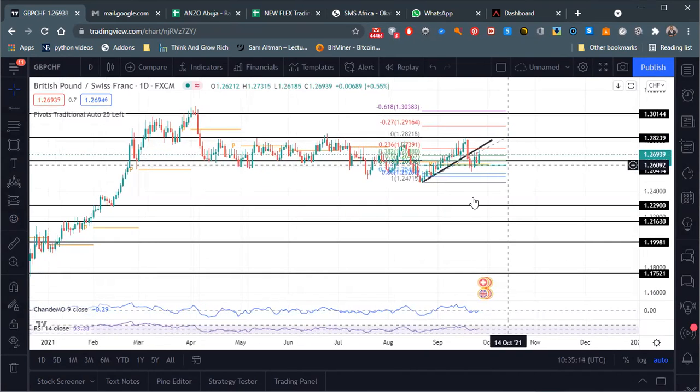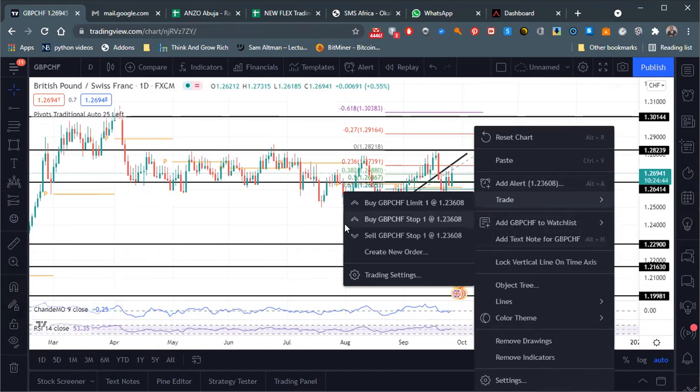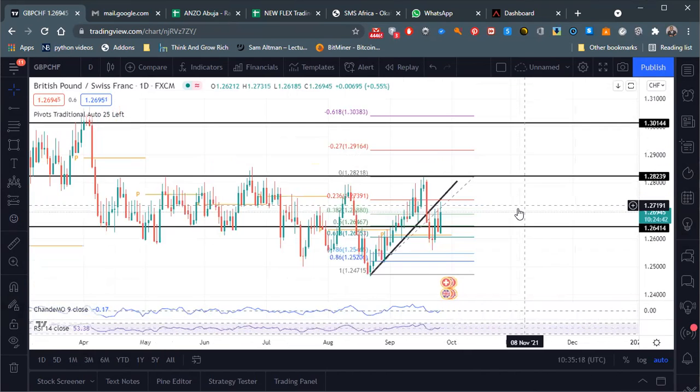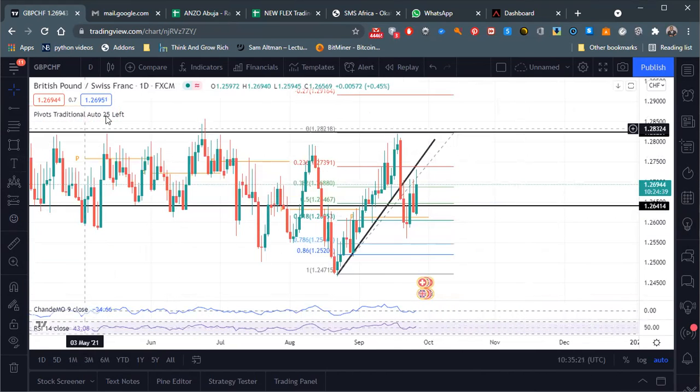It's already on the move. Personally, I was actually long pound Swiss all the way back here, actually all the way down here. So I added some position here, and I closed out my profit somewhere around this area here, right?